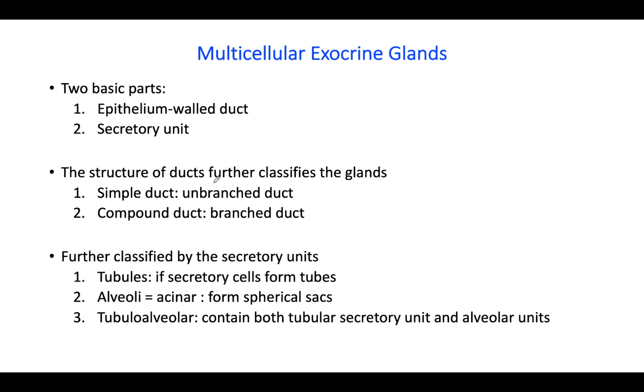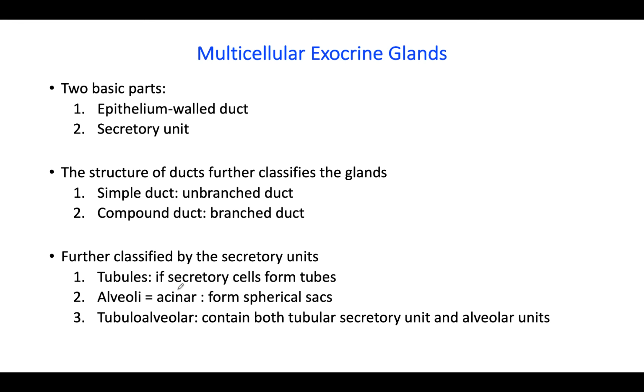the structure of a duct further classifies the gland into simple duct and compound duct. A simple duct does not have a branched duct, but a compound duct has a branched duct. Another classification is based on the secretory unit.